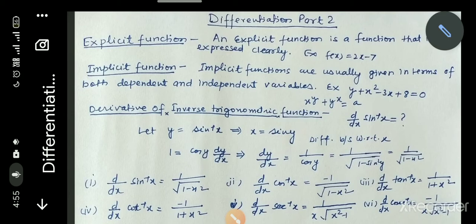Implicit functions are generally in terms of both variables, that is independent and dependent variables.